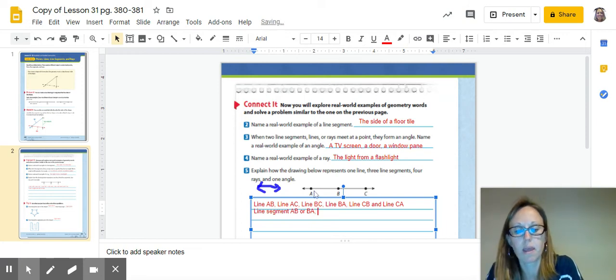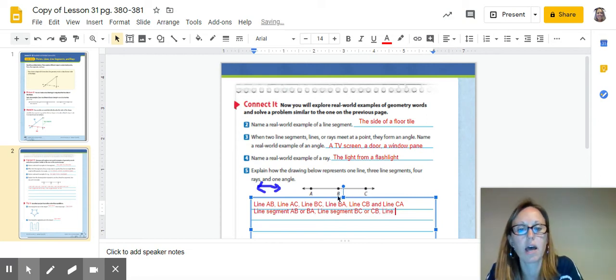All right, then we have line segment BC or CB. Okay, it doesn't matter to me how you label it, but you have to label it because you just have to talk about just the points, because they don't go on for a line segment.